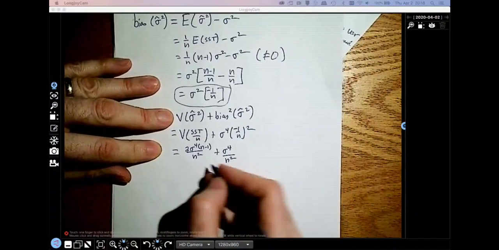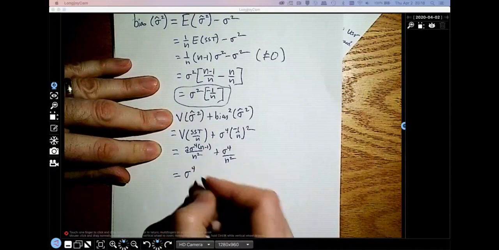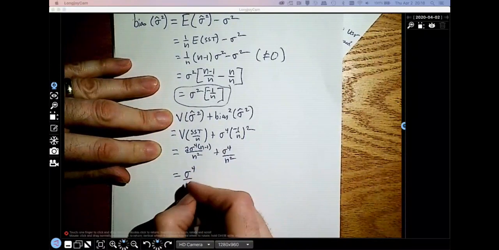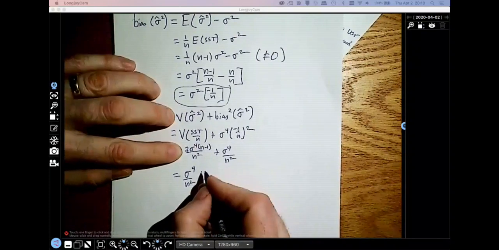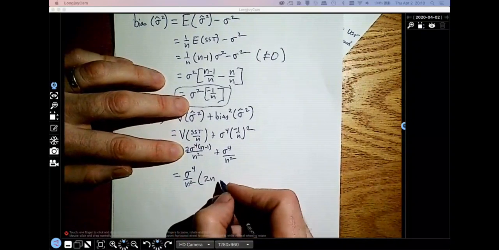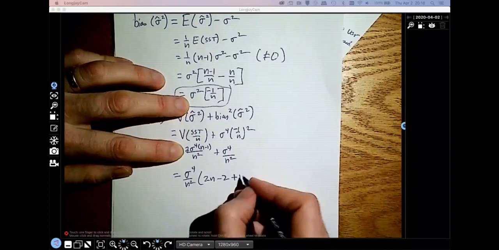Let's pull sigma to the fourth out: sigma to the fourth over n squared, and what I have inside is 2n minus 2 plus 1.